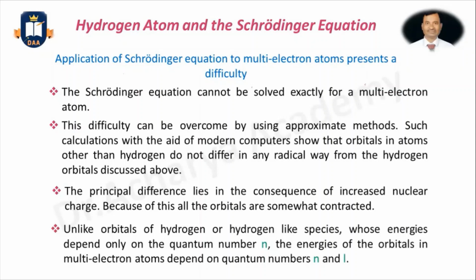Unlike orbitals of hydrogen or hydrogen-like species, whose energies depend only on the one quantum number n, because hydrogen or hydrogen-like species has only one electron, the energies of the orbitals for multi-electron atoms depend on both quantum numbers n and l. That means the principal quantum number n and the azimuthal quantum number l.